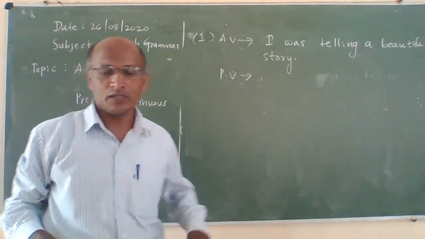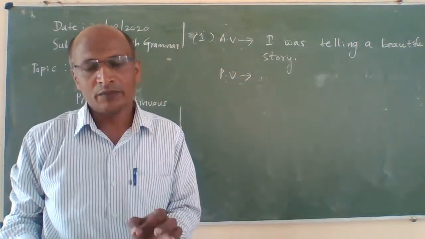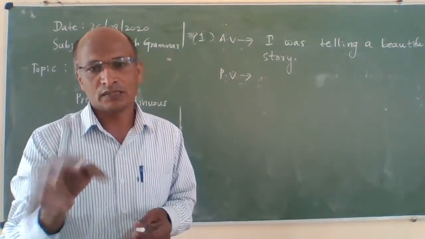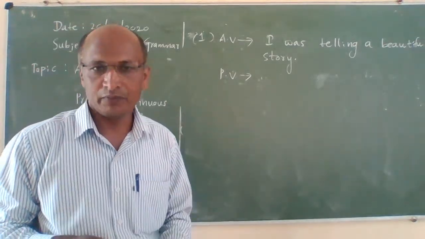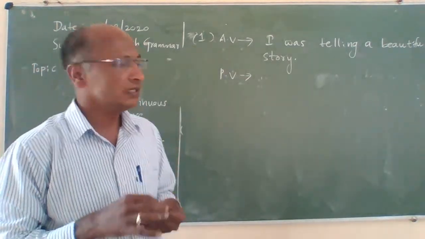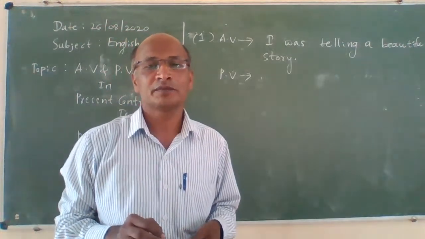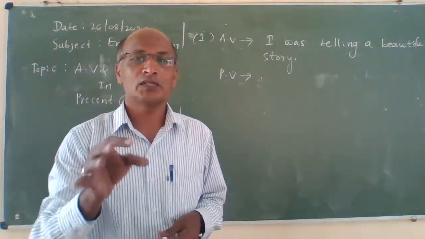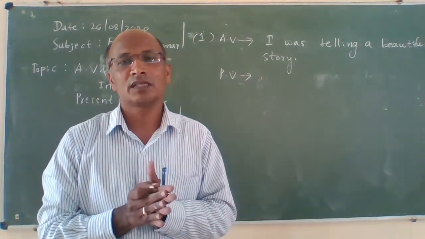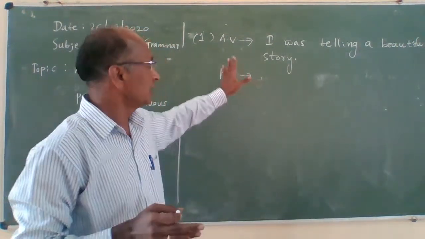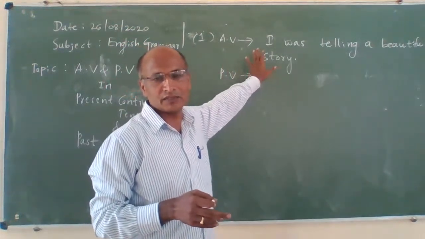Dear students, try to understand. I'm giving you an example related to past continuous tense. The example is here for you. I was telling a beautiful story. This is an example for past continuous tense. This is active voice. This is affirmative tense.